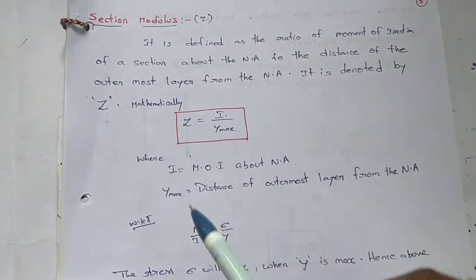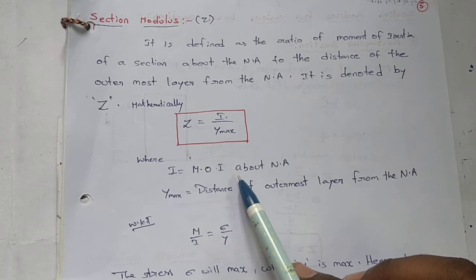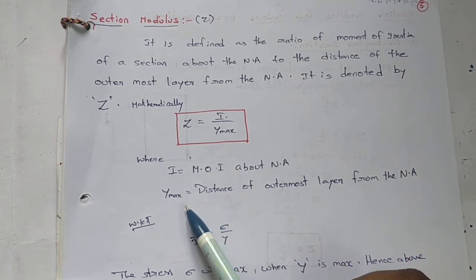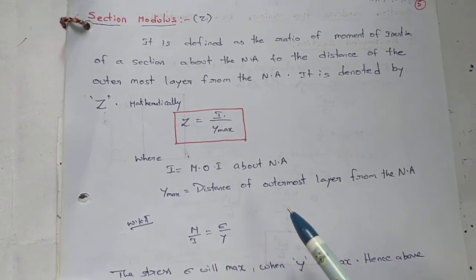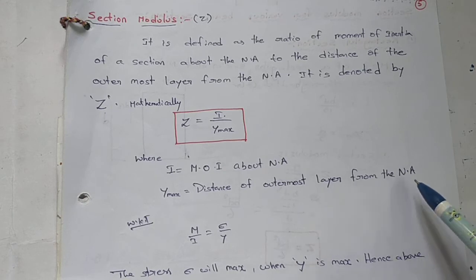I is the moment of inertia about the neutral axis. Y max is the distance of the outermost layer from the neutral axis.